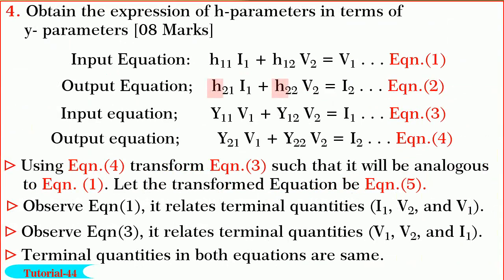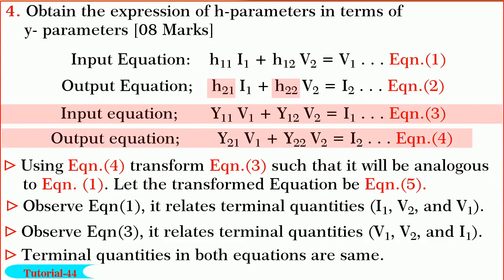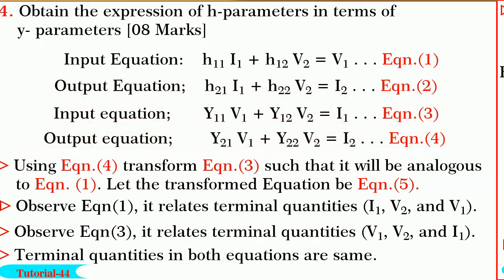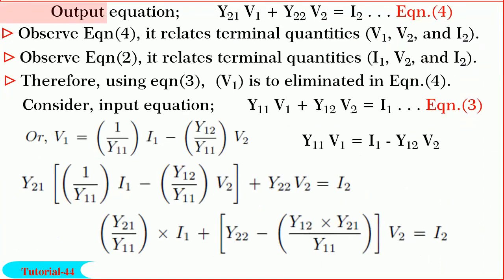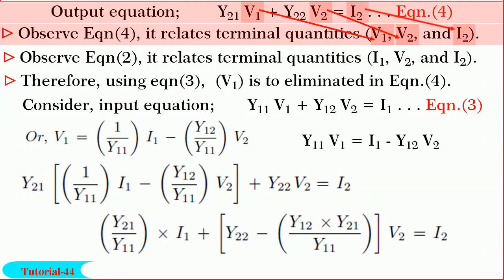To find expressions for H21 and H22, we have to use equation 3 and transform equation 4 to be analogous with equation 2. So, observe equation 2. It relates the terminal quantities I1, V2 and I2. Similarly, observe equation 4. It relates V1, V2 and I2.